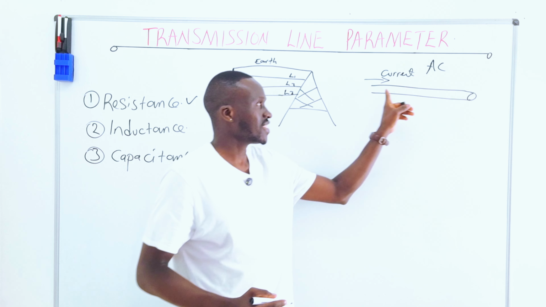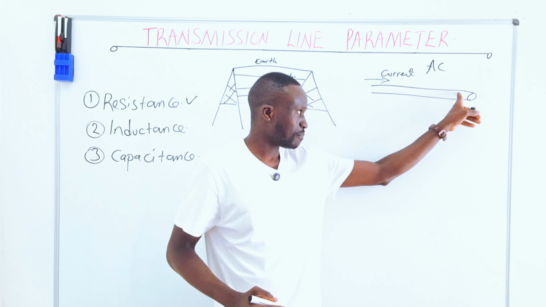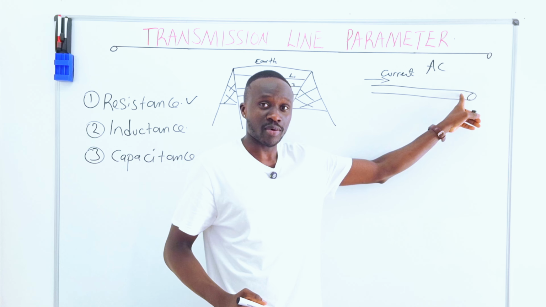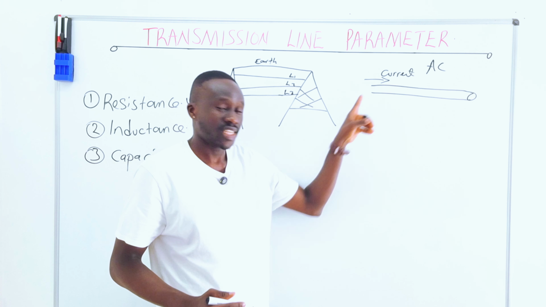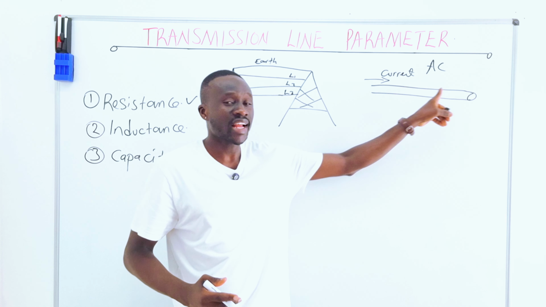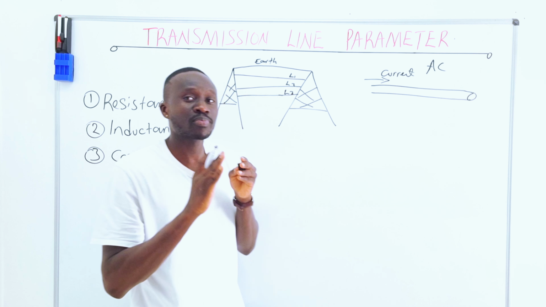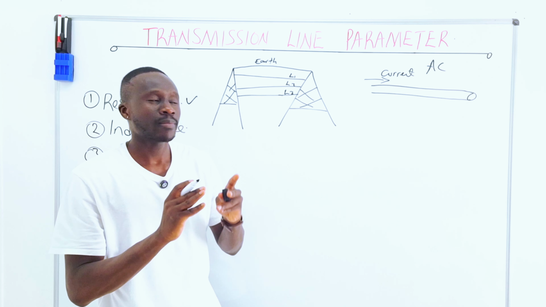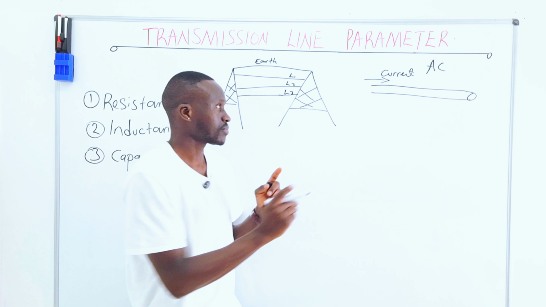When an AC is passing through a conductor, this is a conductor or a cable, when electricity is passing through a cable or any wire, it creates what we call magnetic fields around it.